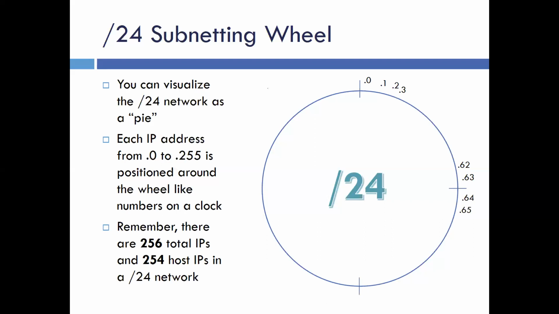At the halfway mark, we see the number 128. 1/2 of 256 is 128. We continue until we reach the last number, the broadcast number, of 255. Remember, there are a total of 256 IPs and 254 host IPs in a /24 network.